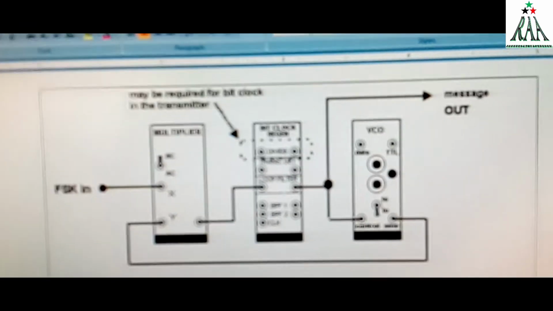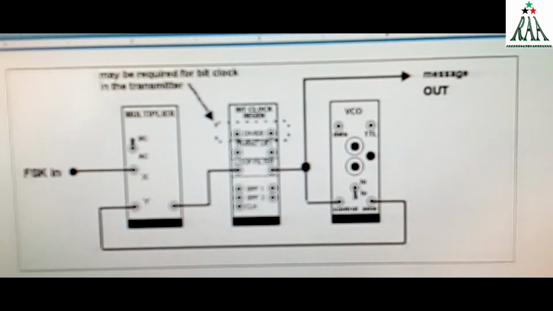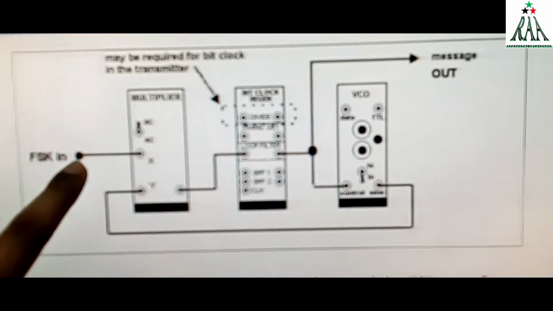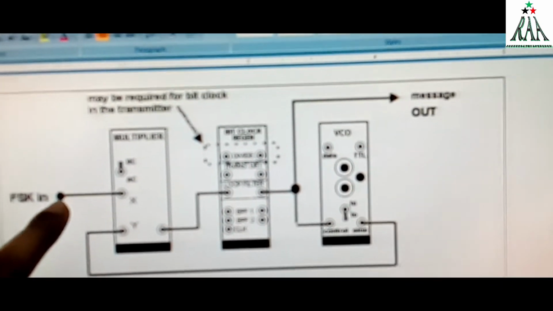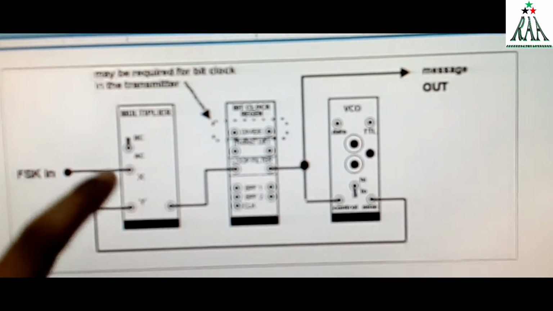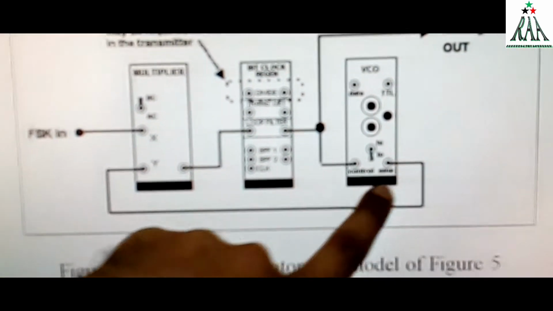So we will take the FSK input from our modulation circuit, and the second input of the multiplier will be the output of the VCO.